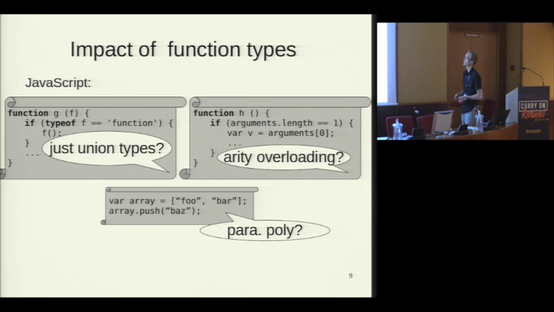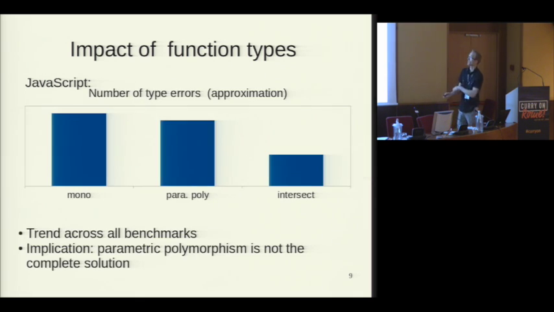A similar experiment can be done for function types. And the choice of function types for JavaScript might be even more complex. You might consider, maybe we can just get by with just union types, maybe we need overloading, maybe we need parametric polymorphism. So the same kind of type error count for three different type systems, where the things that vary are the function types.